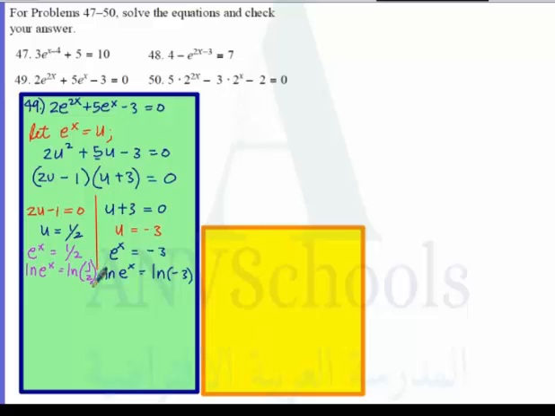And sadly, we know that ln of -3 does not exist. So this one is undefined, a math error. Therefore, this is not valid anymore. So we continue with getting the values for x on the other side. Therefore, my x is equal to ln of 1/2. Okay? And that's my answer.